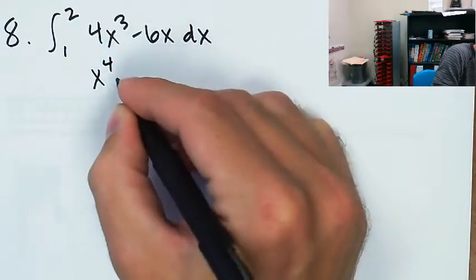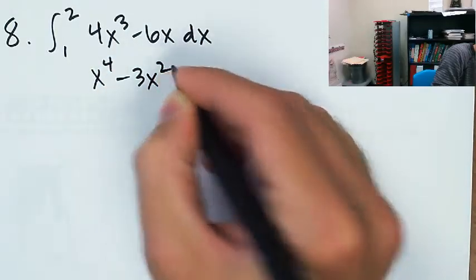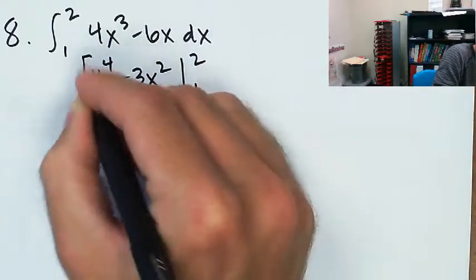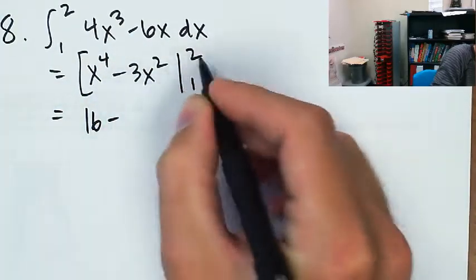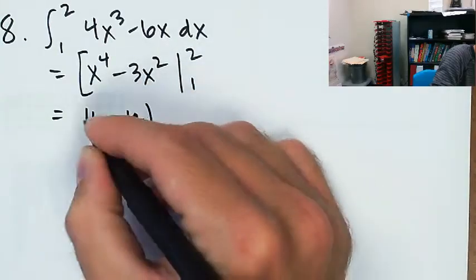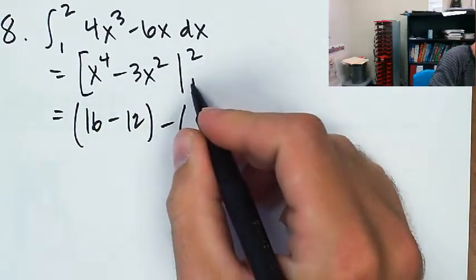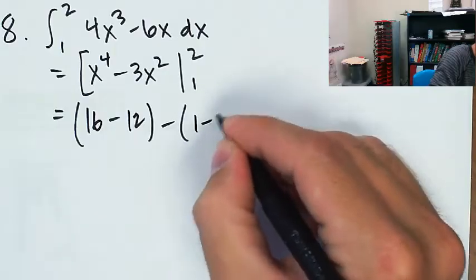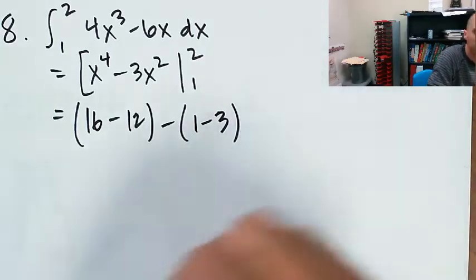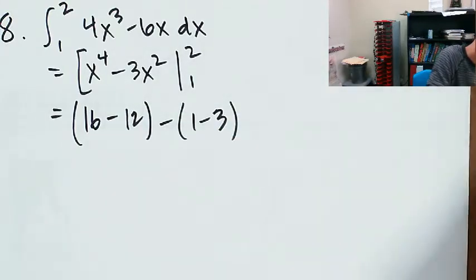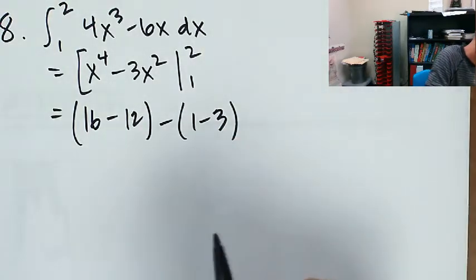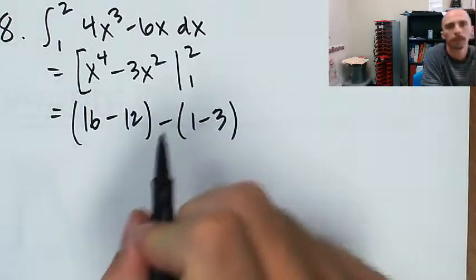That's going to be x to the 4th minus 3x to the 2 as x runs 1 to 2. Okay, 2 to the 4 is 16, minus 3 times 4 is 12. And then when x is 1, I've got 1 minus 3. And that's cool. I think that's going to be 6, but not worth a hair.